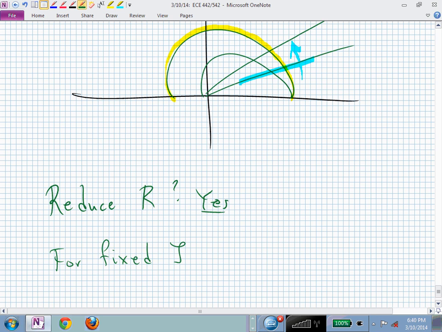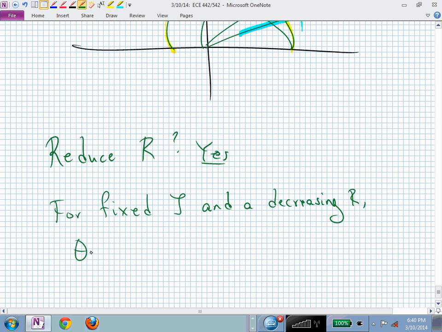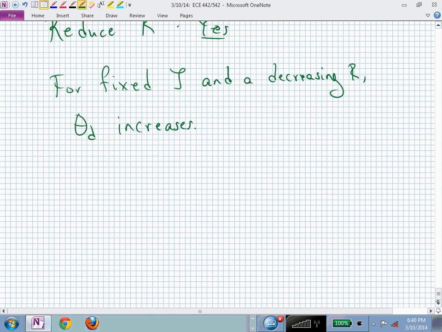For a fixed zeta and a decreasing r, theta sub d increases, which is the correct direction that we want to be moving. So now the question is, what value of r should we select?